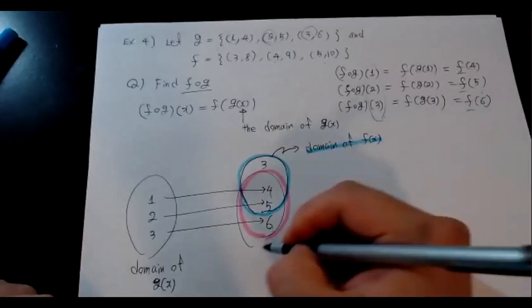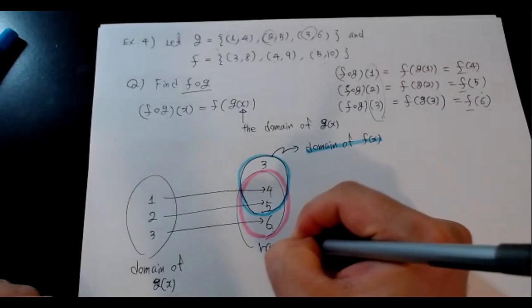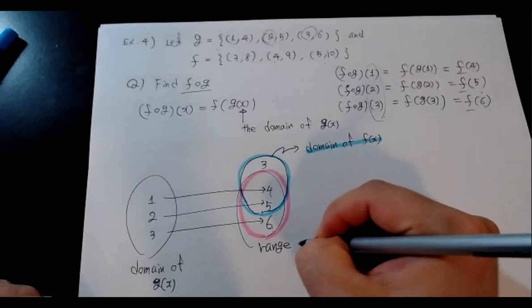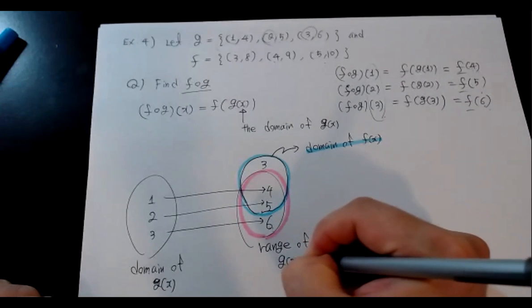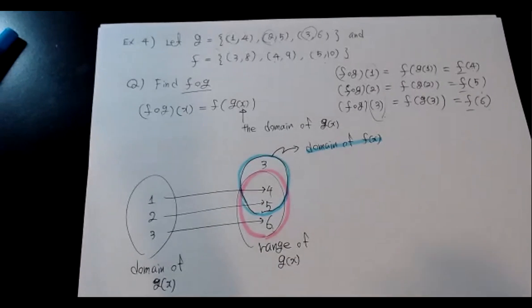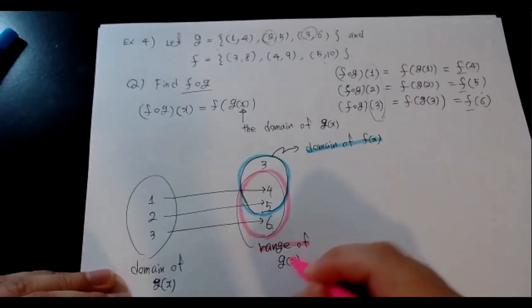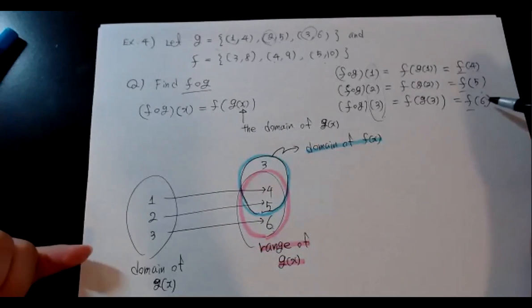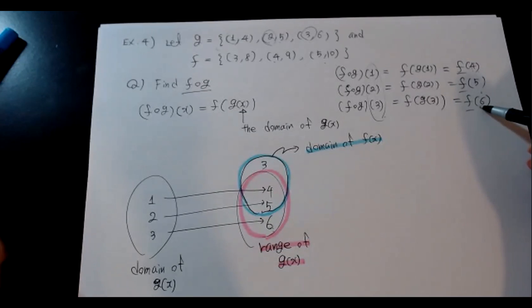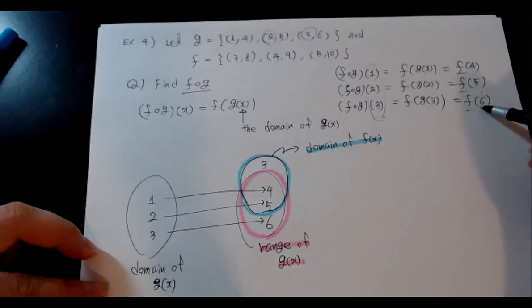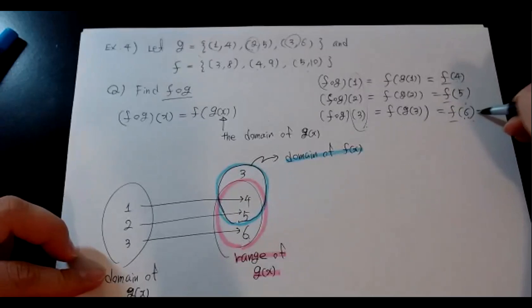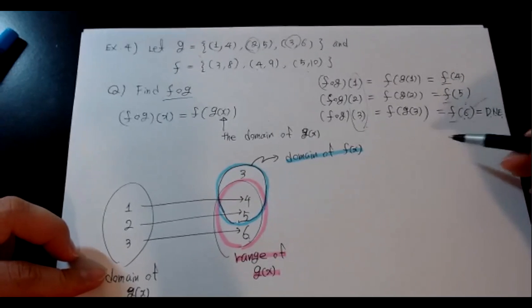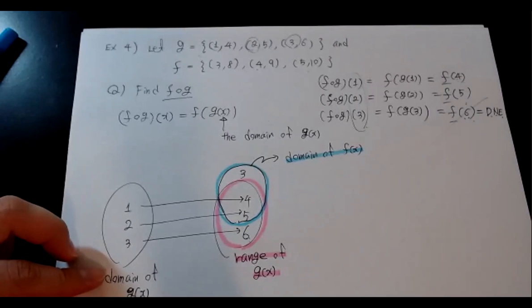So this is the range of g of x. By the way, the 6 is out of the domain of f of x. So this is d and e. So we drop this one. This does not exist.